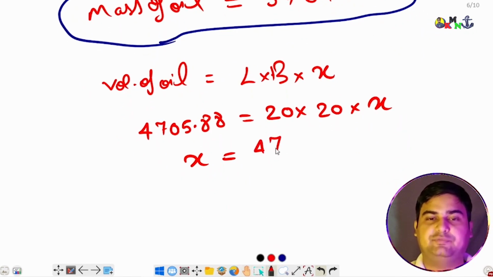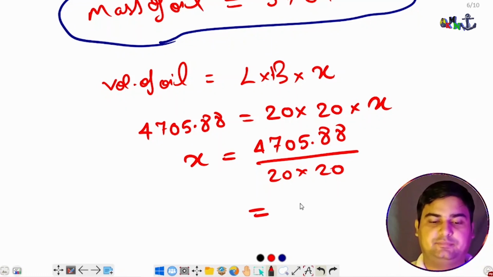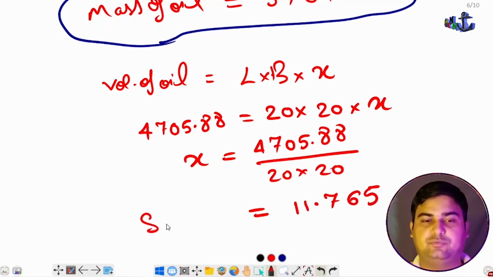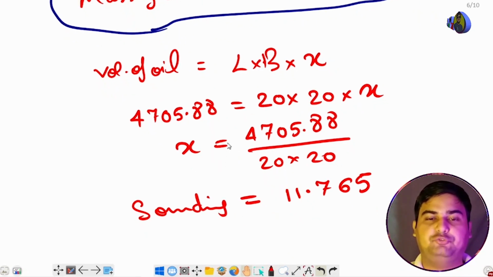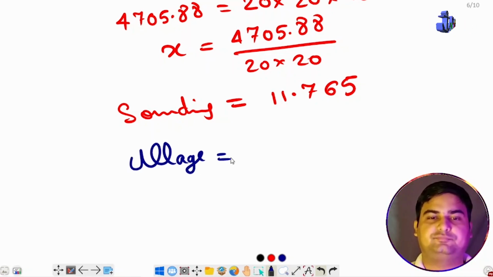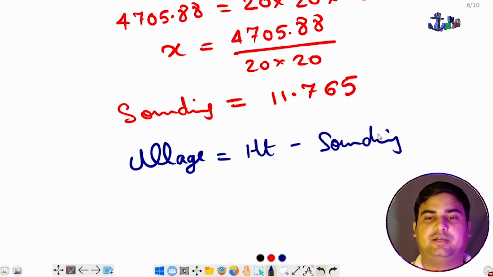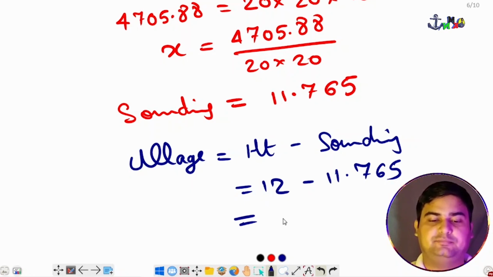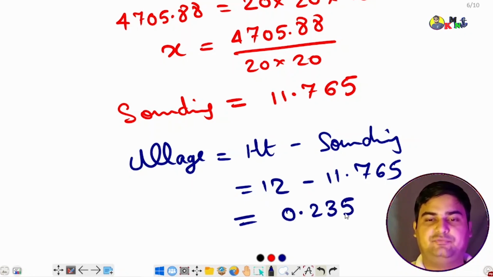So X is 4705.88 divided by 20 into 20, which will come to 11.765. So this is the sounding. But we need to find out the ullage. Whenever we are dealing with oil, we always consider the ullage, not the sounding. So ullage will be equal to the height minus sounding. Height of the tank is 12, sounding is 11.765, so ullage will come to 0.235 meters.